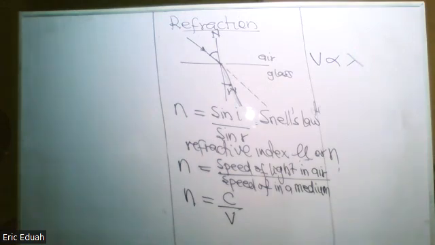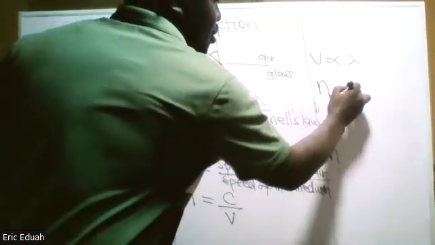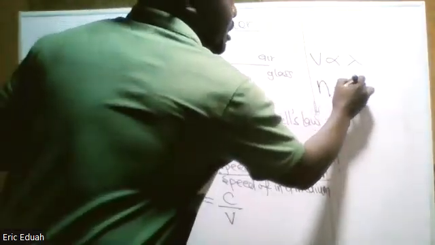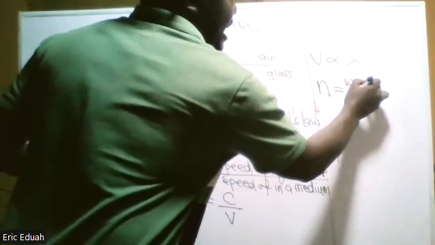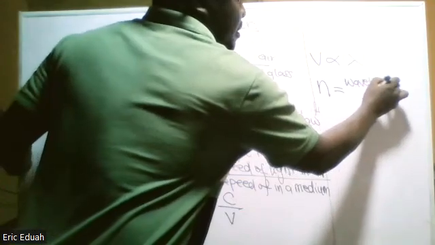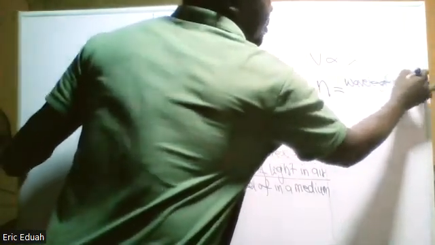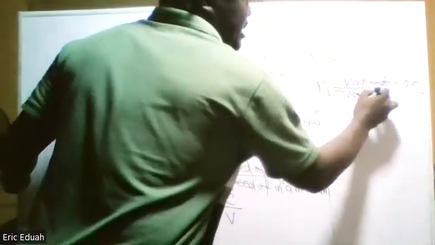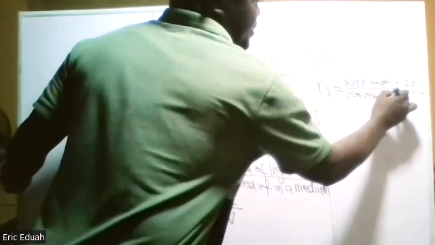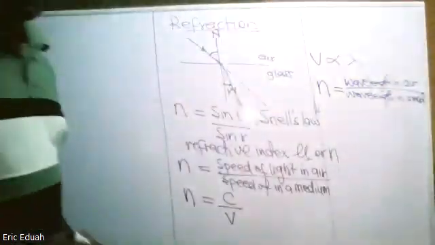And so we can also express refractive index as the ratio of the wavelength of light in air or vacuum to the wavelength of light in a medium.